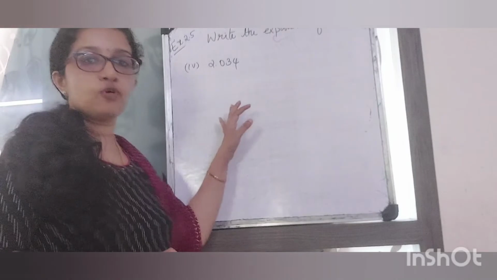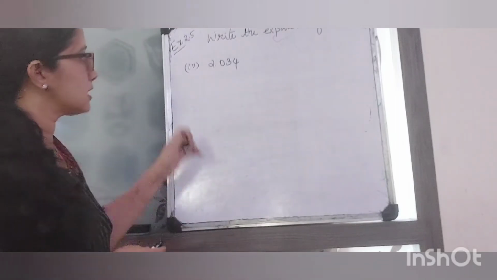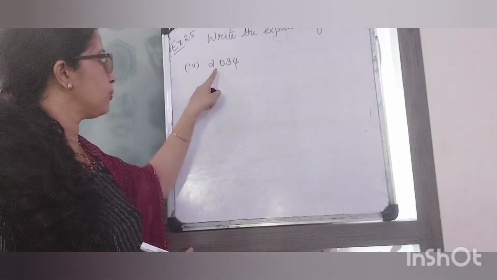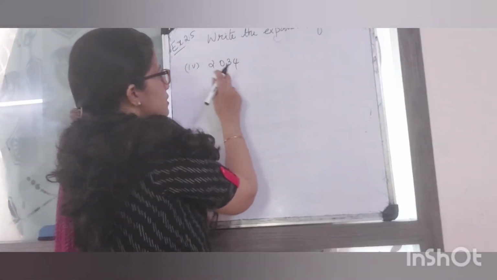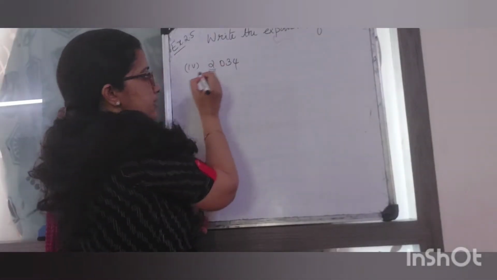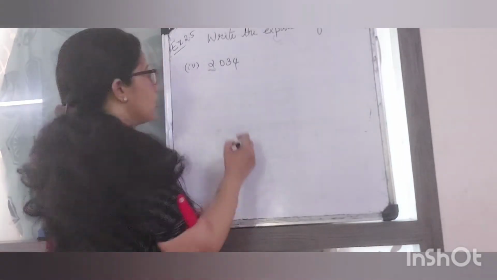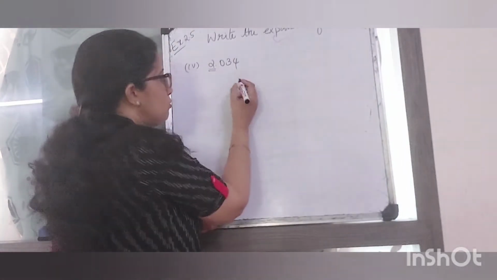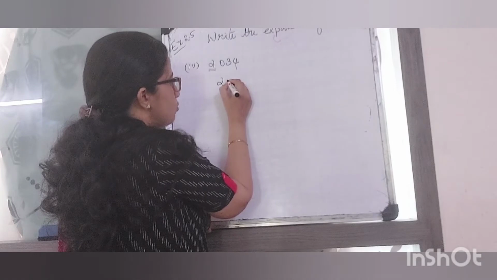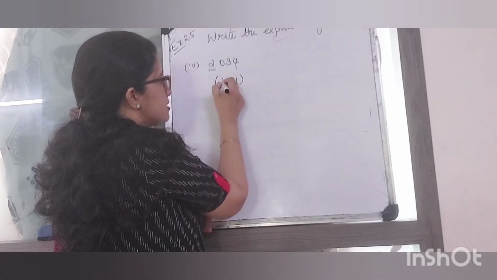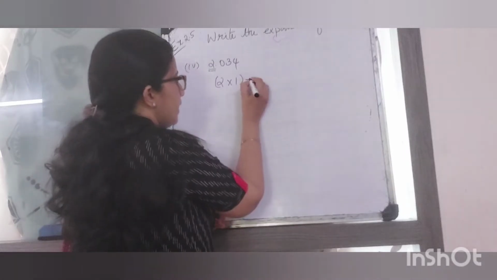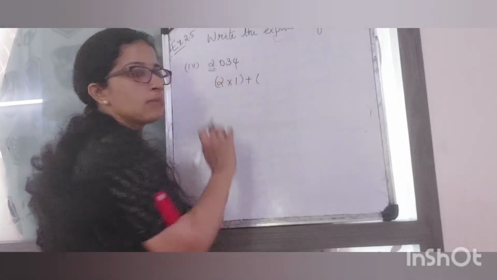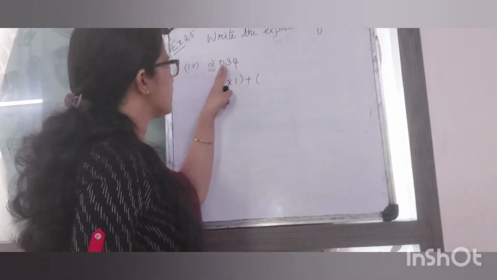Now let's take the fourth subdivision of the same question, 2.034. What is the integer part here? 2. So how can you expand this? 2 into 1, correct? Since this is the units place, it is 2 into 1. Plus, if we take the decimal part, what is the first digit? 0.